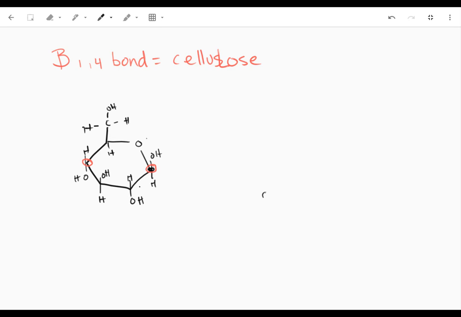So we'll draw in that oxygen, and then everything else, right, those are all my carbons, and each carbon has to have its 4 bonds. And here we started up in space with that one, so it's got to go down in space now. So down, up, down, up, down.